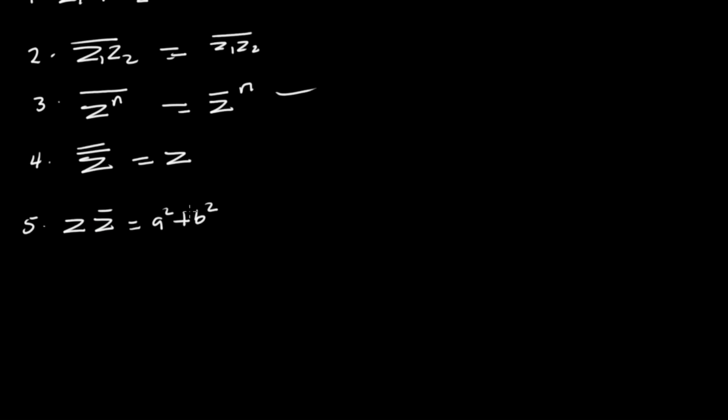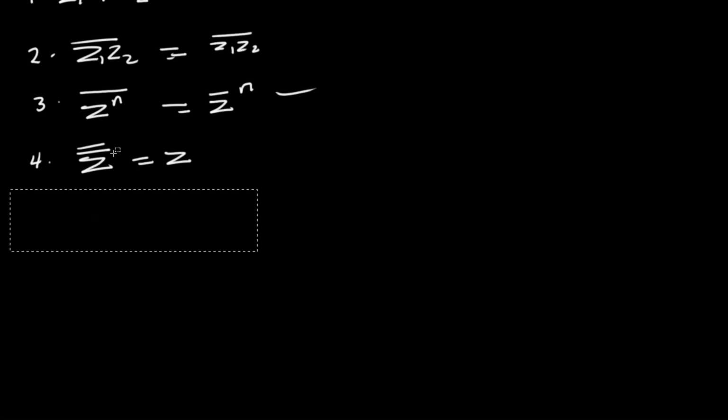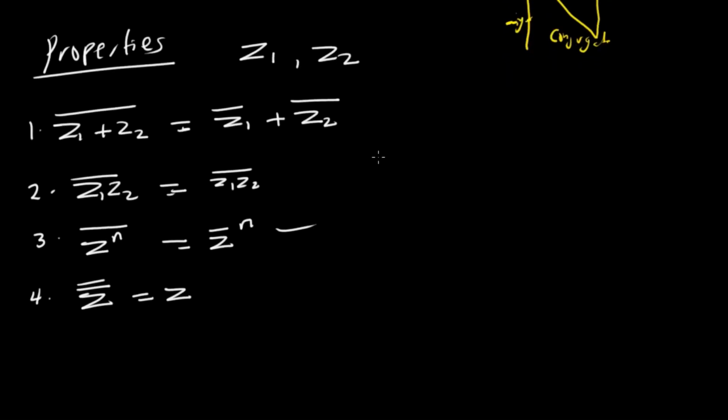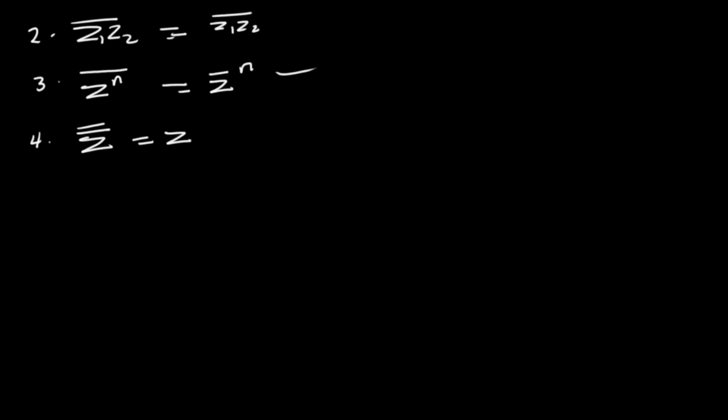How we work with this, we are going to see later. The sixth, I'll just hold on with this for now. I'm going to introduce this later. So that's it concerning the properties of complex conjugates. We looked at the first, second, third, and fourth one. The fifth, sixth, and seventh, we're going to look at later.